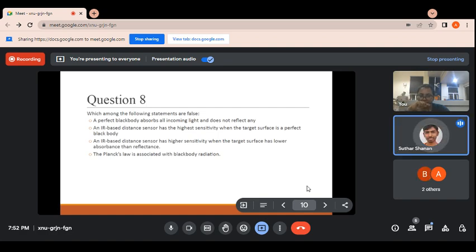The sensitivity will be decreased because the black body absorbs all the radiation and nothing will go to the receiver. So what is the right answer here?